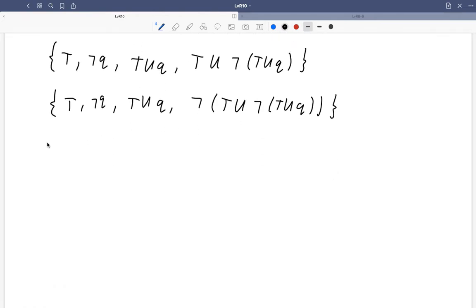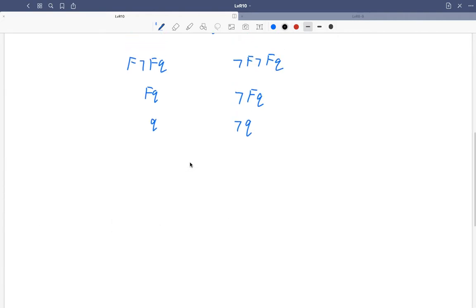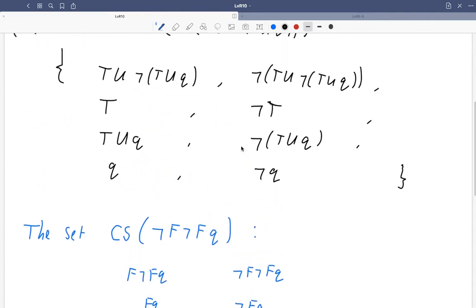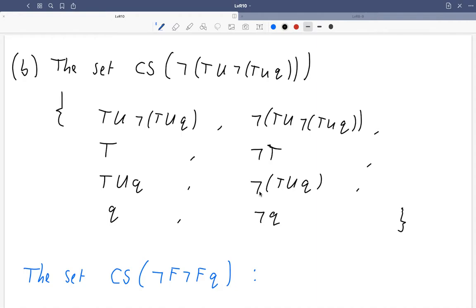And finally, if we have true and not Q, we weren't forced to put true until Q in, so we can try what happens with the negation of true until Q. But now we've got the negation of true until Q. This is the right-hand side of an until. So if the negation of true until Q is true, then true until the negation of true until Q is true.